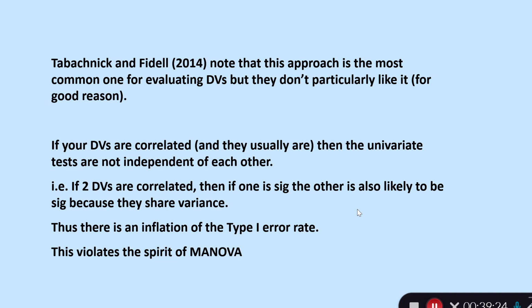If you do a univariate ANOVA on the first DV and get a significant result, you're almost definitely going to get a significant result on the second one as well because there's a huge overlap in variance. So when this happens, there's an inflation of the type 1 error rate. And as it says there, this kind of violates the spirit of MANOVA. You might as well have just done ANOVAs to start with and maybe used the Bonferroni correction in the first place.